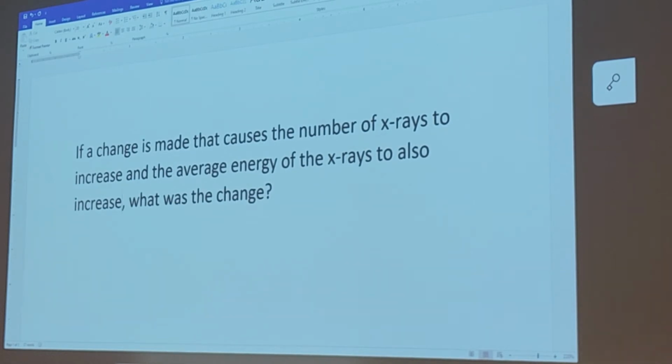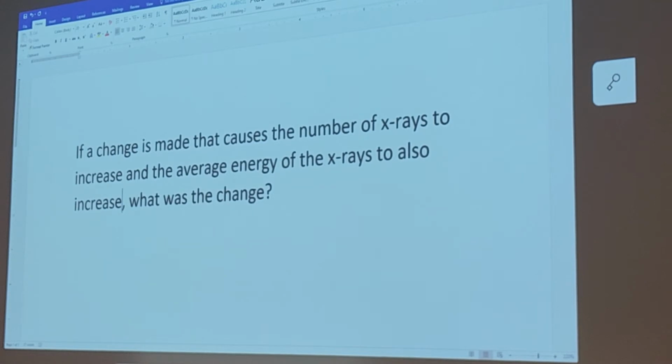What do you think? It'll be KVP. So on our KVP graph, does the curve change vertically? Does our curve change horizontally? Yes.